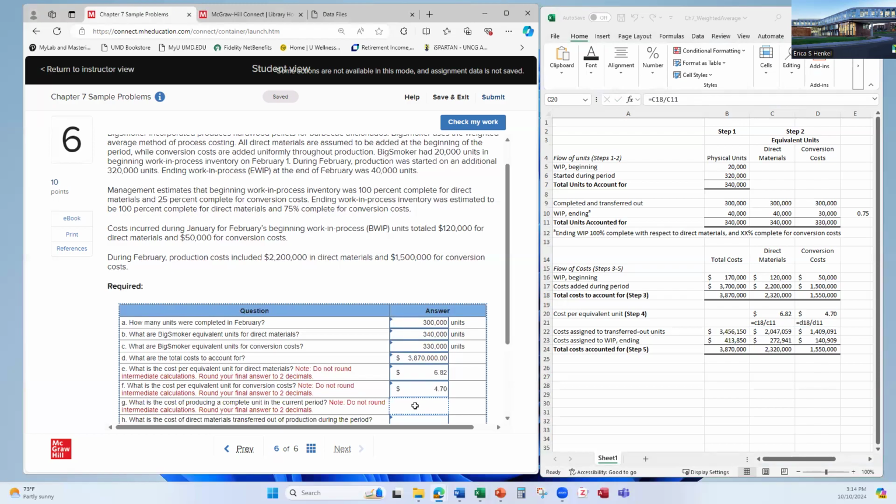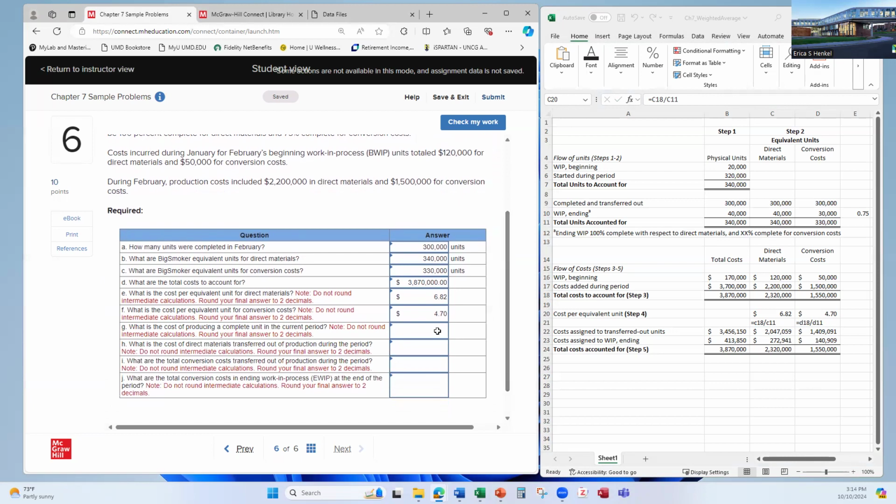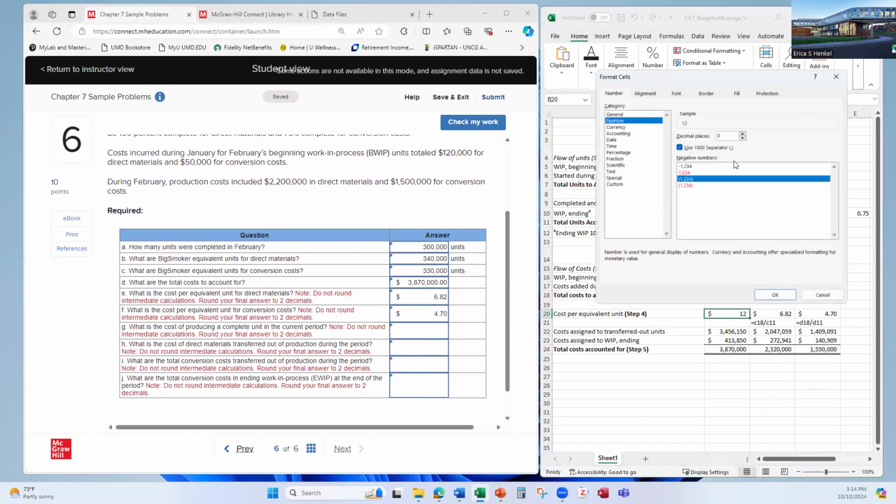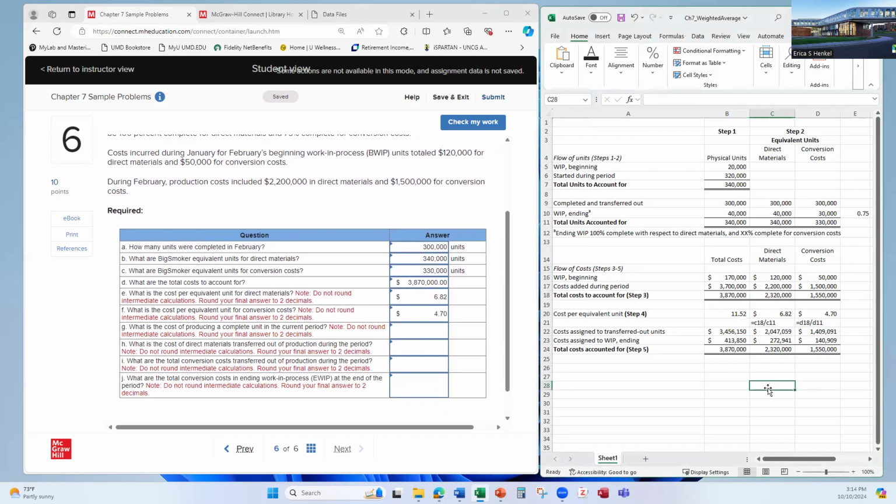And cost of producing a complete unit in the current period is going to be those combined. So if I add those together, and make sure I format that to include decimal points, that gets us to 1152 total.